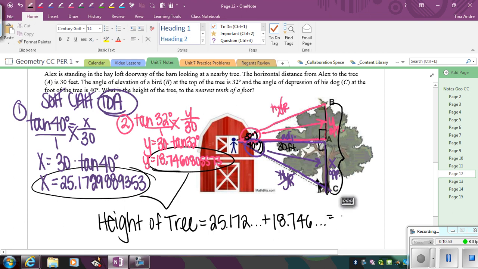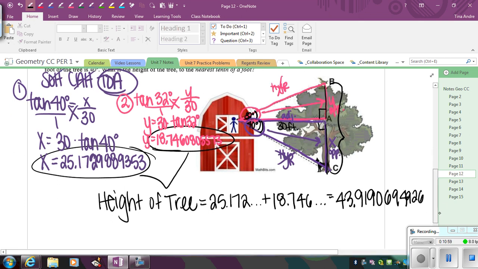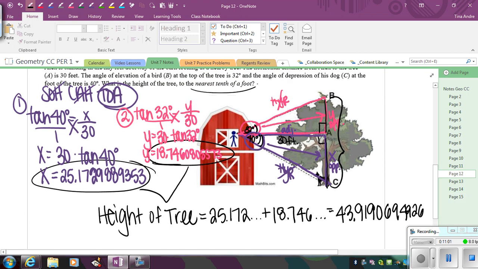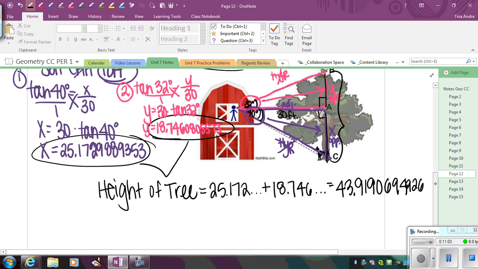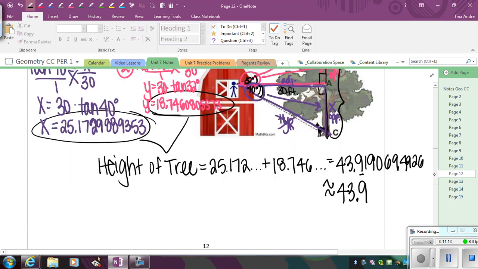I'm getting 43.9190694926. And look at the rounding directions, nearest tenth. So that means that the height will be approximately 43 point, that'll just stay a 9. And we're dealing with feet, so 43.9 feet. And that is your height of the tree.